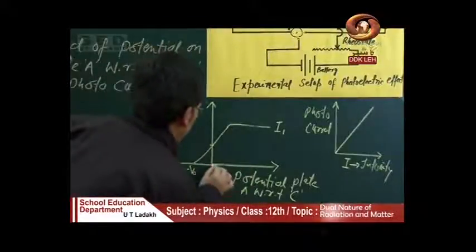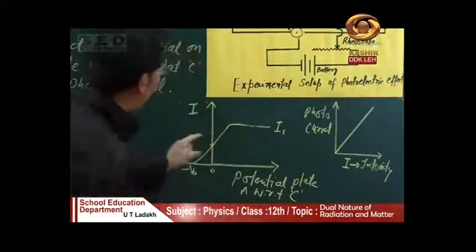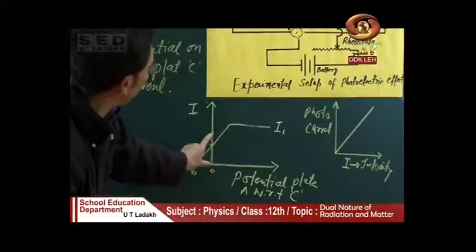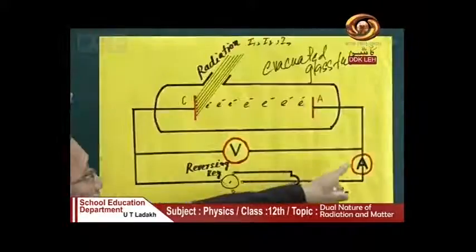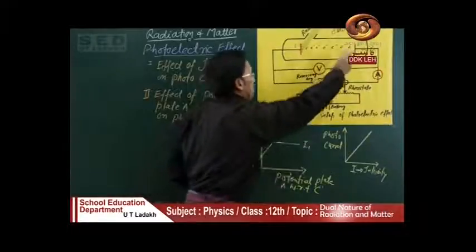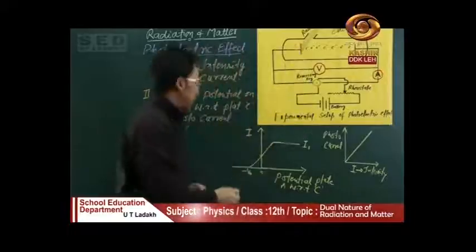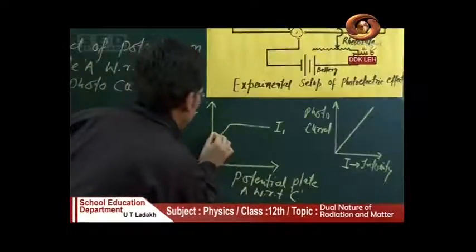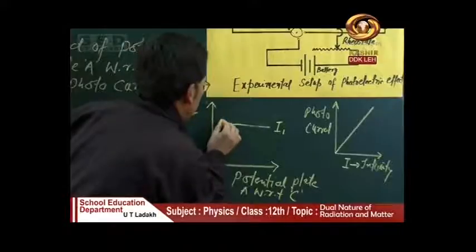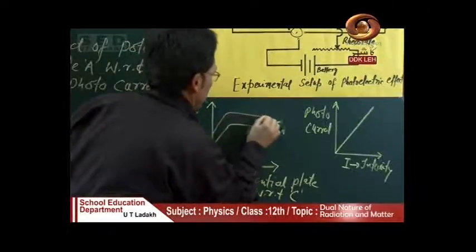Now we incident intensity I2. At potential zero, we will observe nearly this much current in the emitter. And if we increase the potential of plate A, making it more positive with respect to cathode C, the current will also increase, and a stage comes after which the current remains constant.